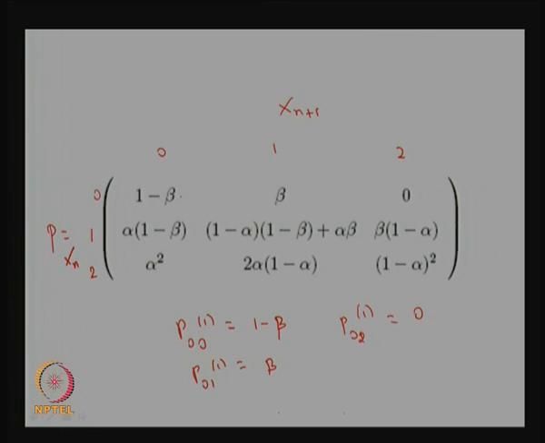The same one step transition probability matrix can be visualized with the state transition diagram. In the state transition diagram, you take the state space as the vertices or the nodes, and the weights of the directed arcs are nothing but the one step transition probabilities of the system moving from one state to other states.